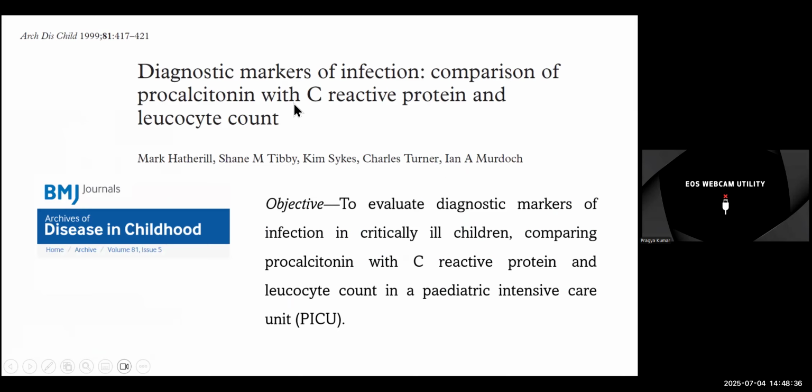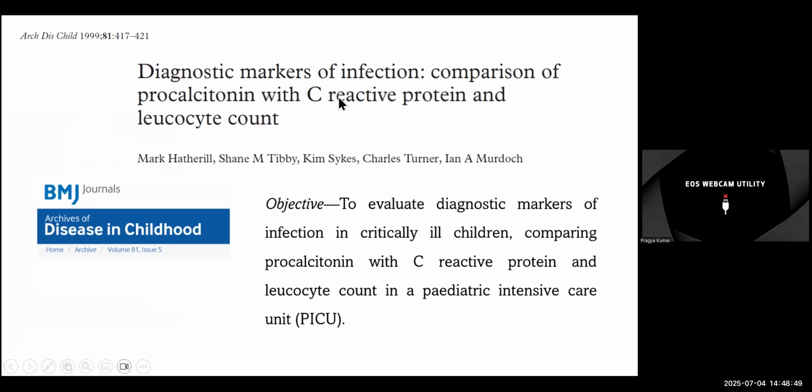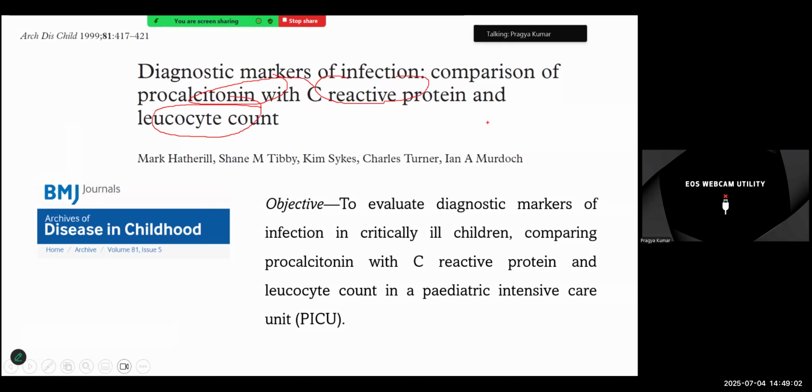Again, this is one article, Diagnostic Marker of Infection, Comparison of Procalcitonin with C-reactive protein and leukocyte count. So here what he must have done, he has taken one column of procalcitonin because he's having two comparisons. The objective is to evaluate procalcitonin compared with C-reactive protein and procalcitonin with the leukocyte count.